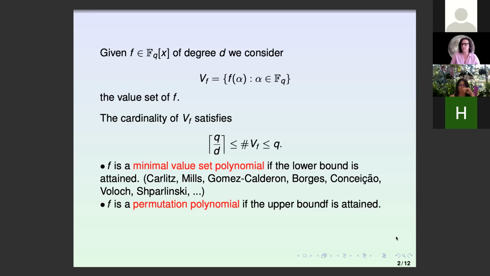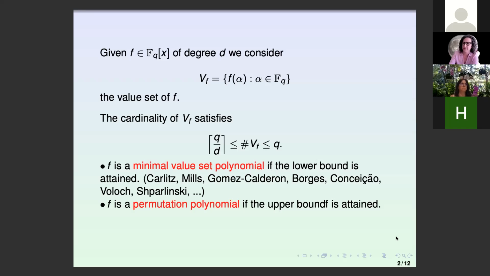So one question we could ask ourselves is which numbers between q over d and q are the cardinality of the value set of a certain polynomial f.